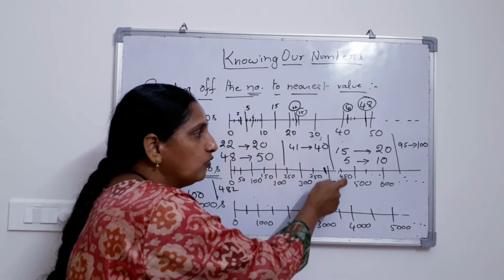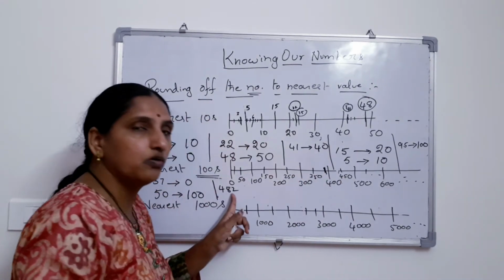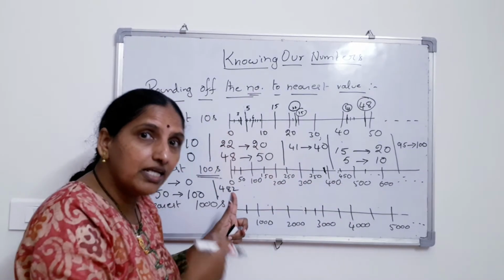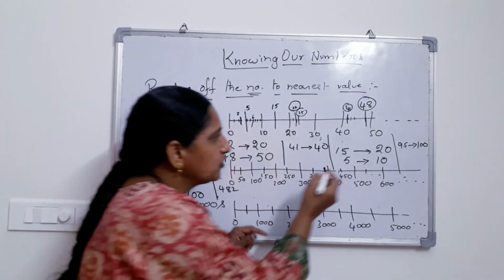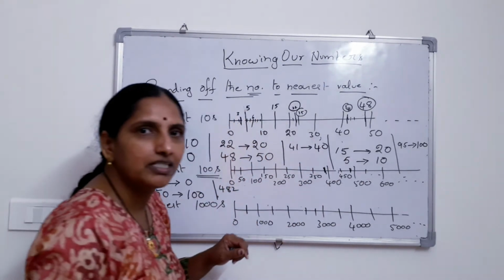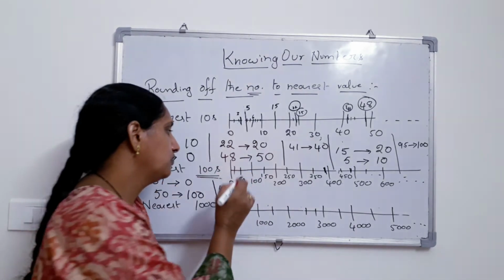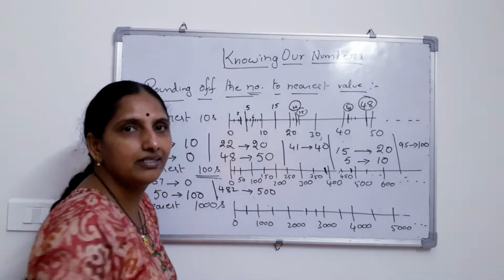So, what is the mid value? 450. What is the number given to you? 482. Is it greater than 450 or less than 450? Yes, greater than 450. So somewhere here it comes, so the rounded number is 500.